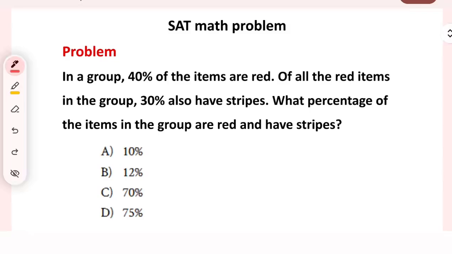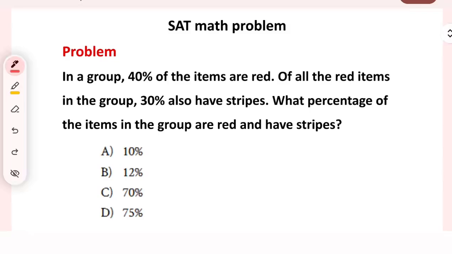However, of all the red items in there, 30% of those reds have stripes. So the question now is, what percentage of the items in the group are both red and have stripes?